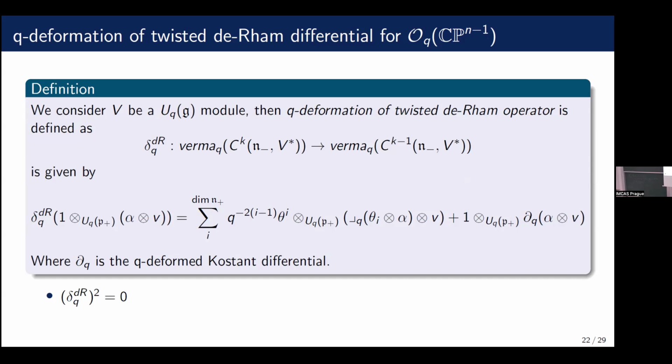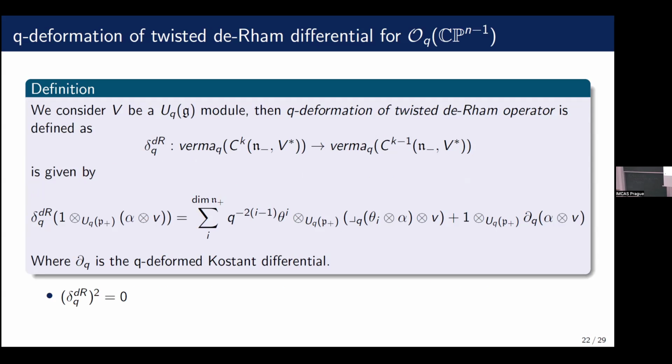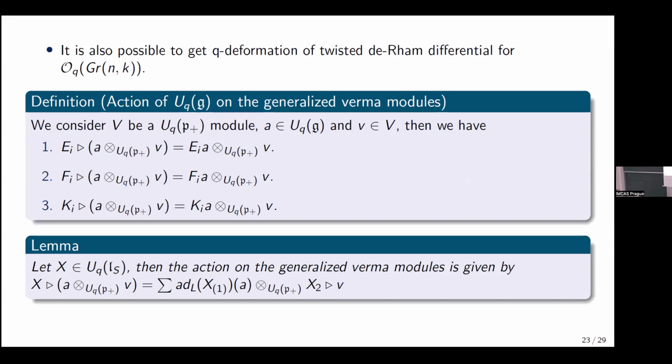So it will be enough to define on the level of. So you are asking why I took the 1. Does that mean the whole norm is UQ? Yeah. So it will be in the next slide because when I define the action of UQG, probably you can find it from there.